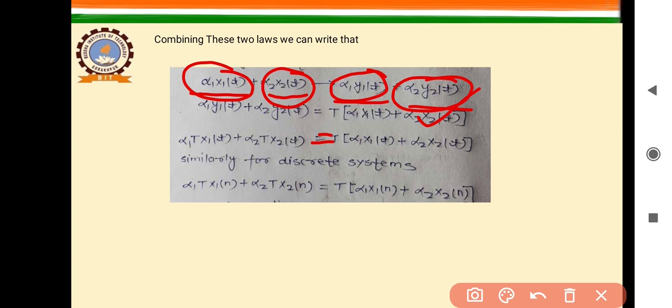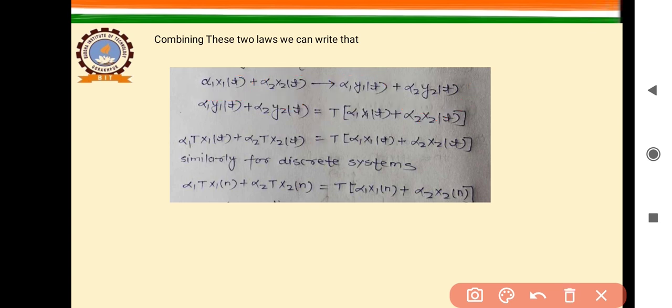Here we can also break this equation as alpha1 times the transform of x1(t), alpha2 times the transform of x2(t), equal to the transform of alpha1 x1(t) plus alpha2 x2(t). For discrete systems the same equation can be written like this.